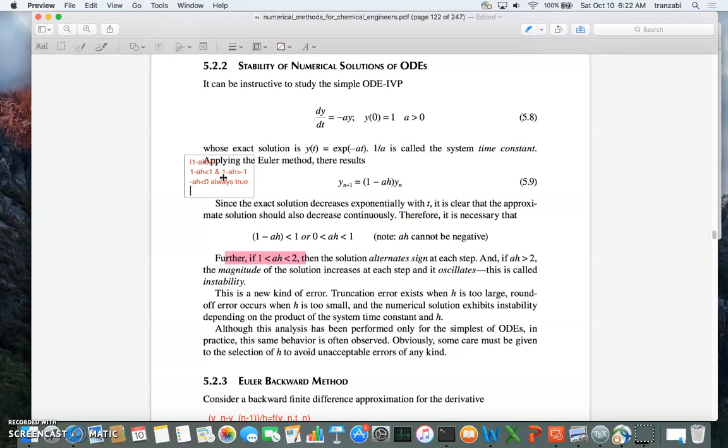Let's open up the second condition. If you open up the second condition, this condition right here, then it tells me that AH should be less than 2. And that's exactly the condition we have here. So AH should be less than 2.